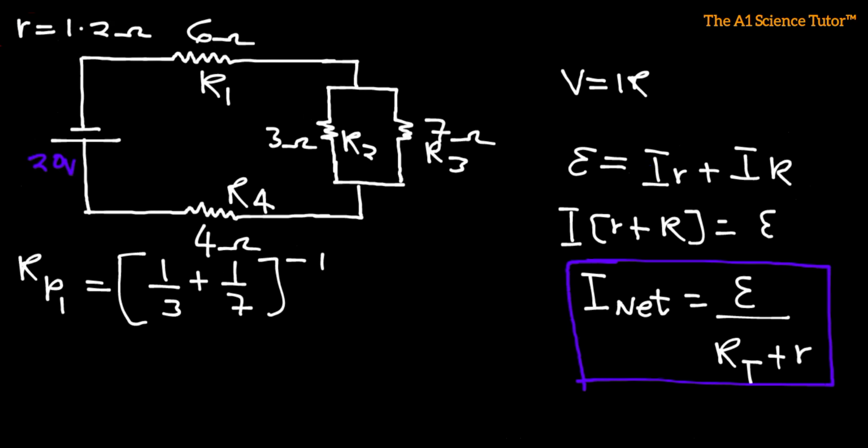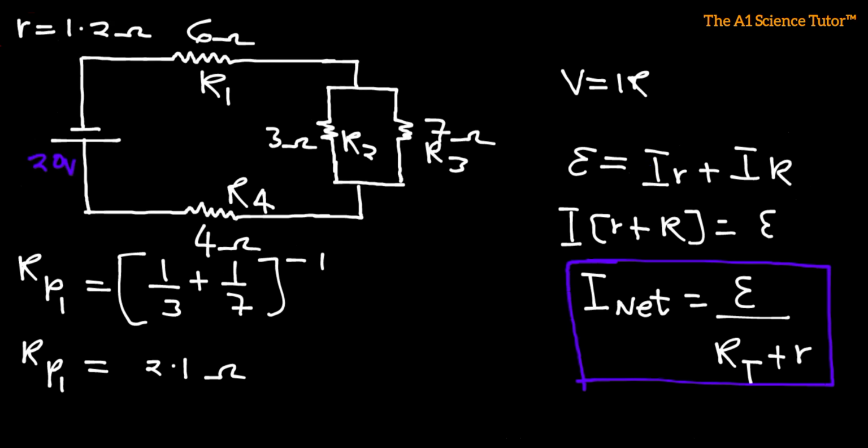So this is 1 divided by 3 plus 1 divided by 7, and that gives us 2.1. Now 2.1 ohms is the resultant of this.